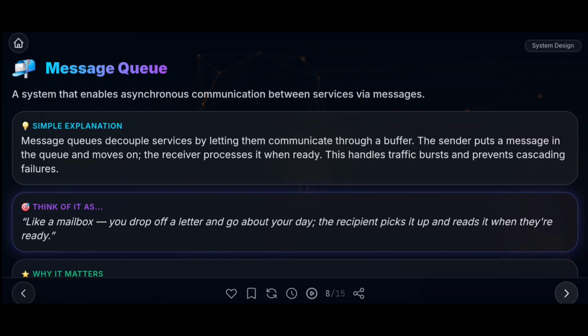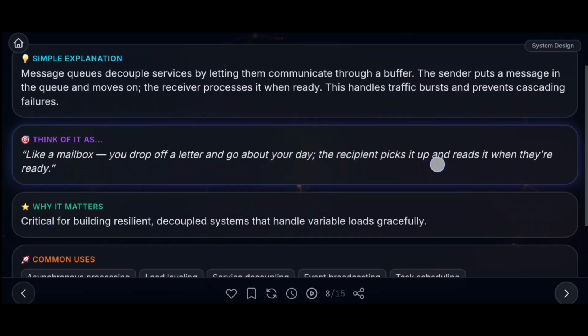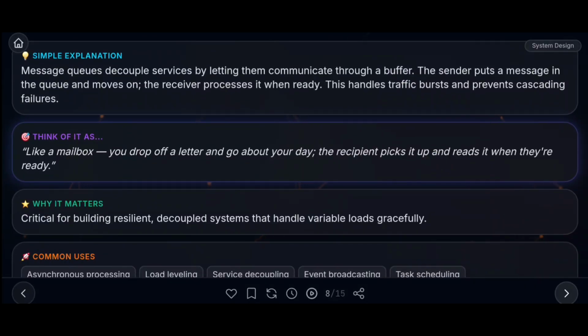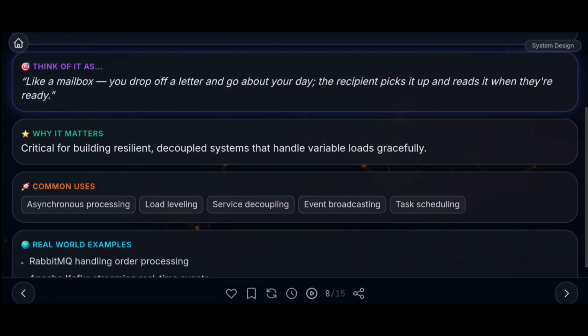That is a message queue. An example, think of it as like a mailbox. You drop off a letter and go about your day. The recipient picks it up and reads it when they are ready. So there is no need of waiting for the response. Why it matters? It is critical for building resilient decoupled systems that handle variable loads gracefully.